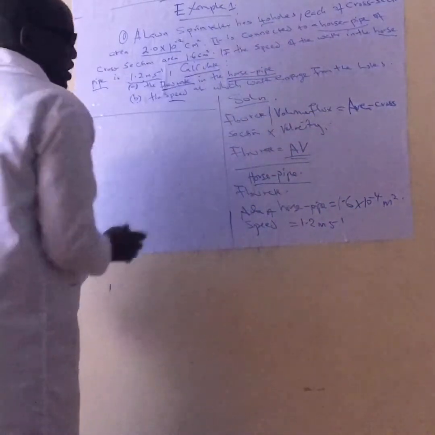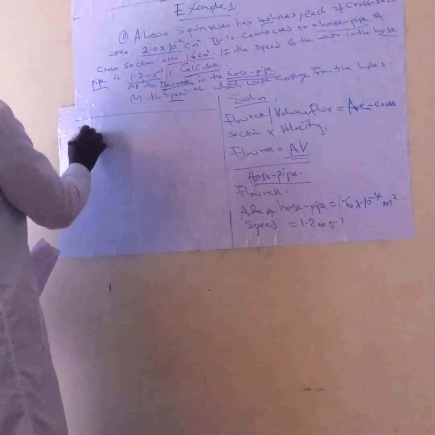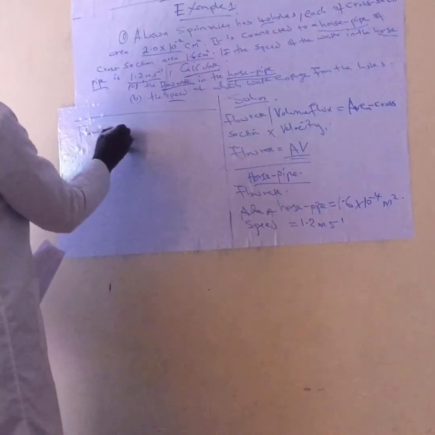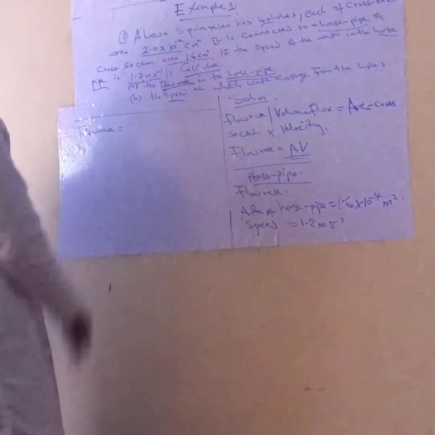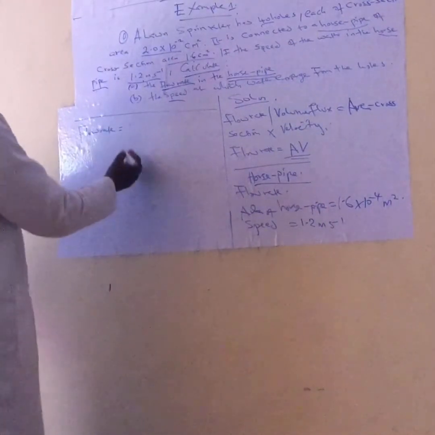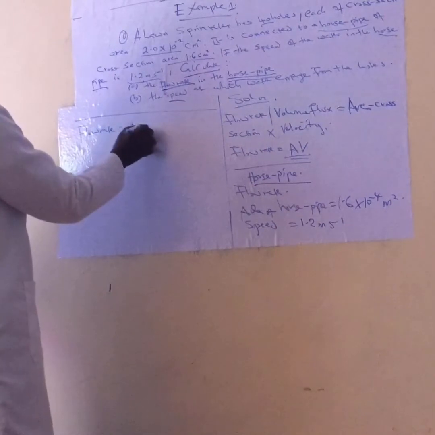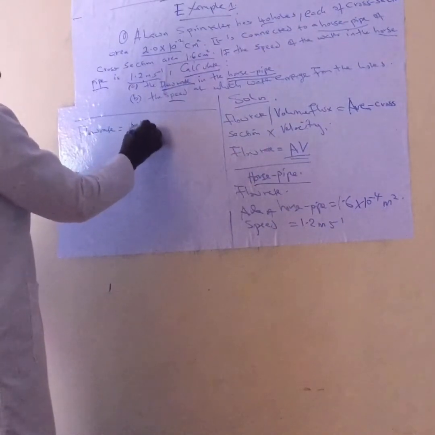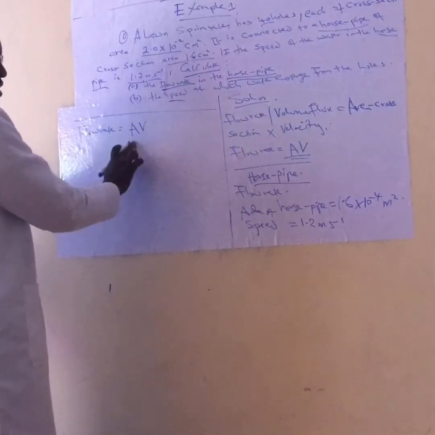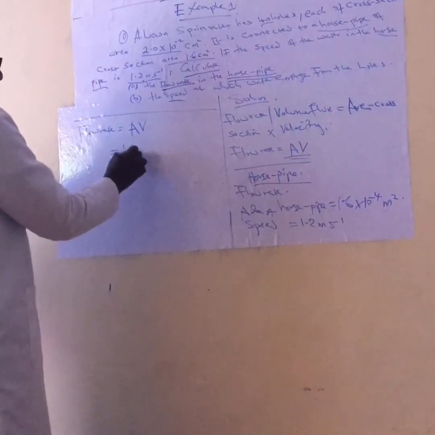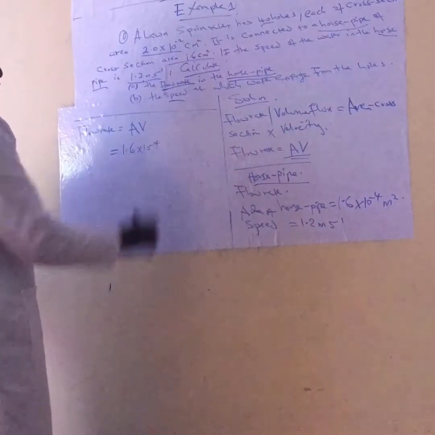So using our formula, the flow rate is equal to the area multiplied by the speed, the velocity. Our area is 1.6 times 10 power negative 4.